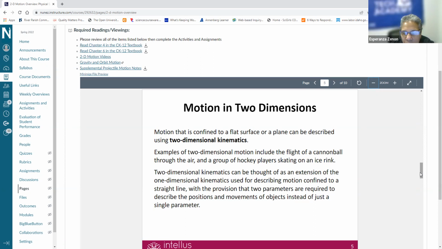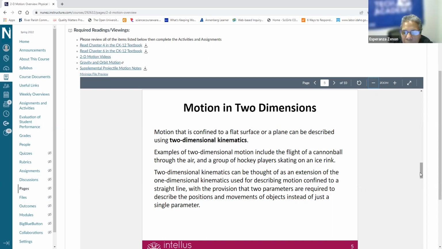Because we're dealing in 2 dimensions, we're extending what we learned from 1D kinematics, right? We're only focusing on this from a kinematics perspective. And you remember, kinematics means what? Pure motion, right? We aren't concerned with forces at this point, okay?